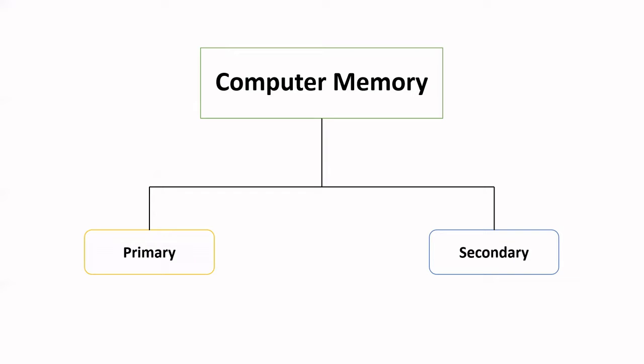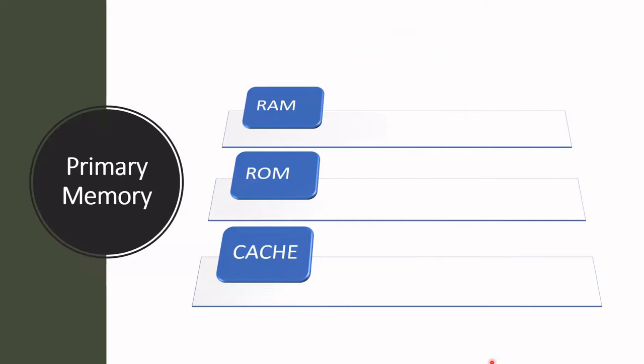Now let's see about the primary memory in a computer. This primary memory, or main memory, holds the data that is currently being processed by the processor. It has a very limited capacity, and the data will be lost when the power supply is disconnected from the computer.